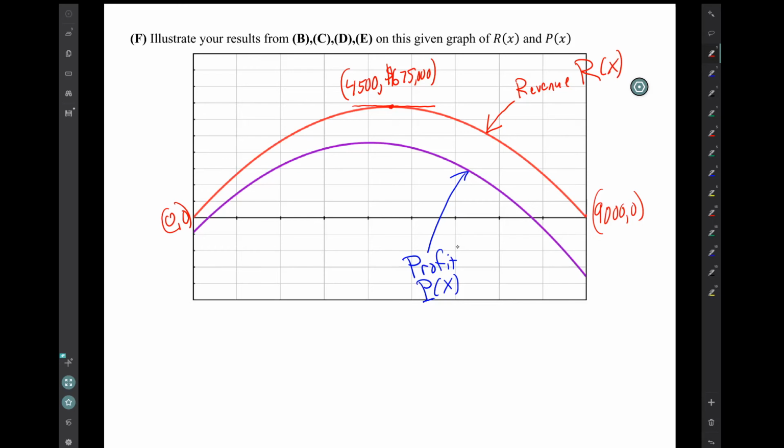Now, what we found in question D was that to maximize profit, you should raise the price and sell fewer cameras. So the maximum in the profit graph occurs a little bit to the left.